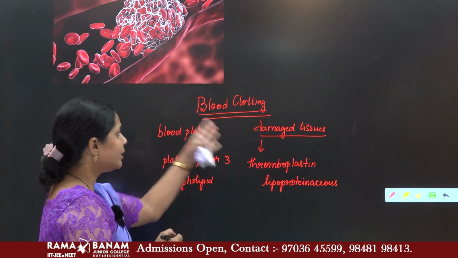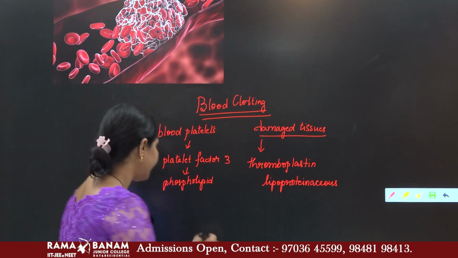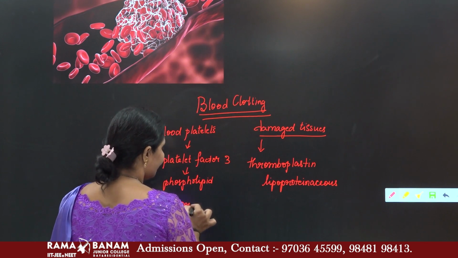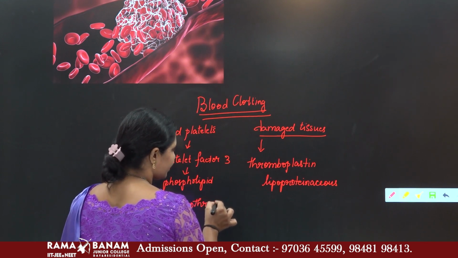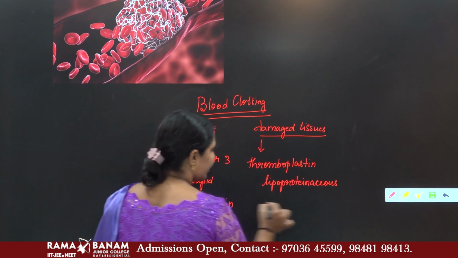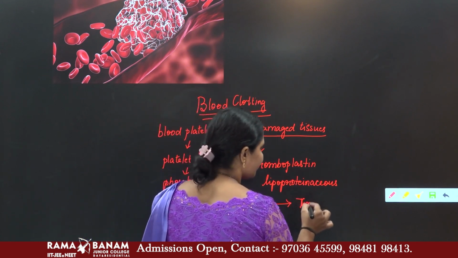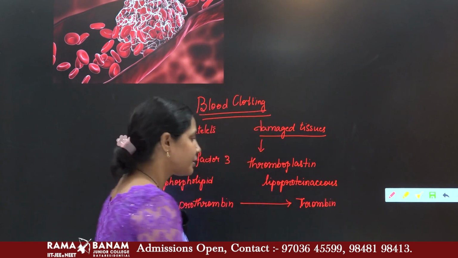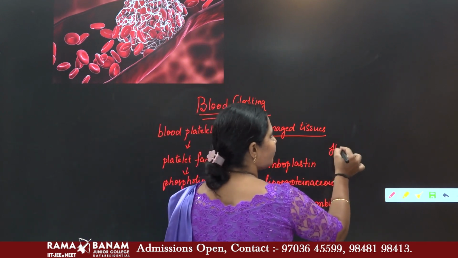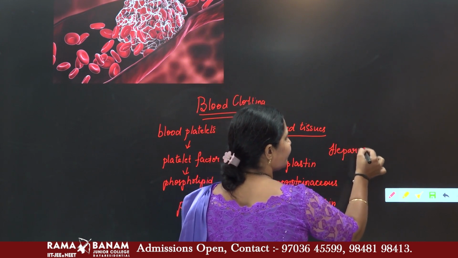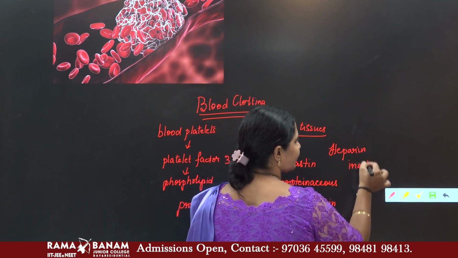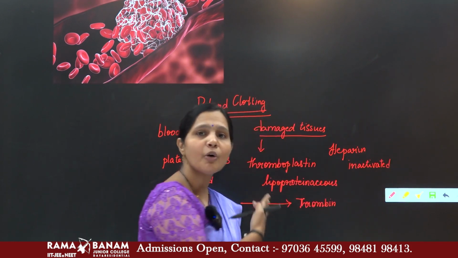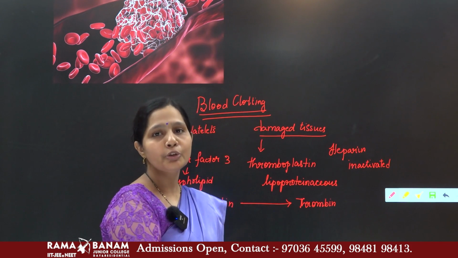So in presence of this thromboplastin, prothrombin gets converted to thrombin, and during this process heparin which is there will be inactivated, because heparin always sees that the blood is kept in a solution condition.